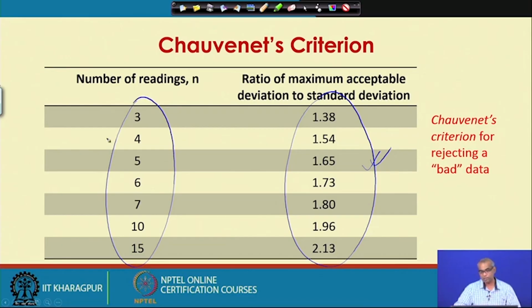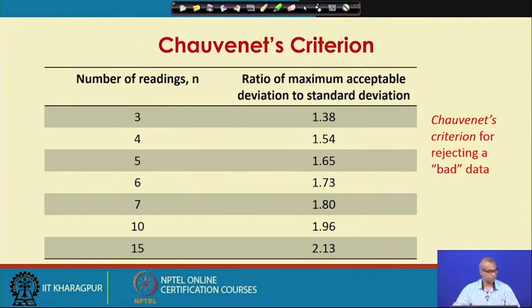So, if you find that for a particular case the ratio we just learned in the previous slide, the absolute deviation from the mean divided by the standard deviation, is more than this for an observation, you can consider that to be bad data and it may be eliminated.